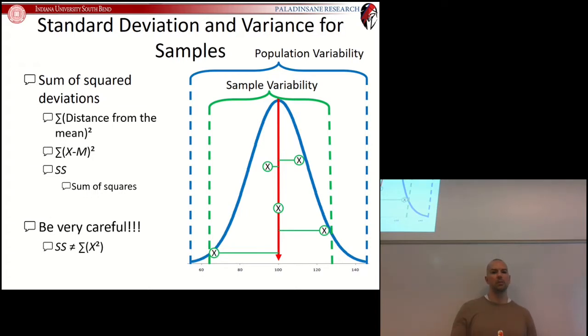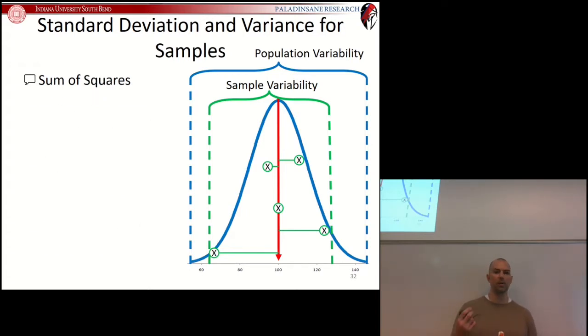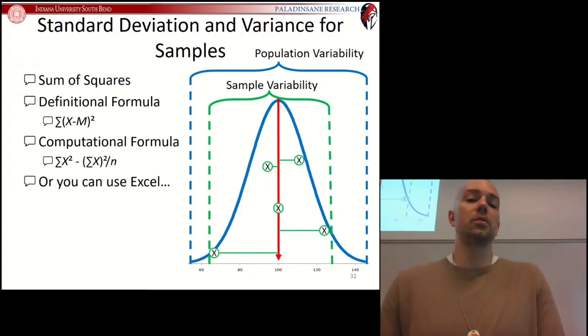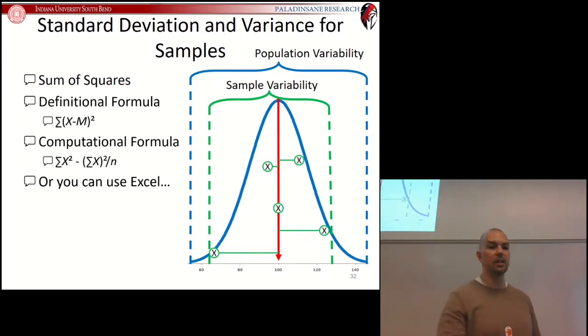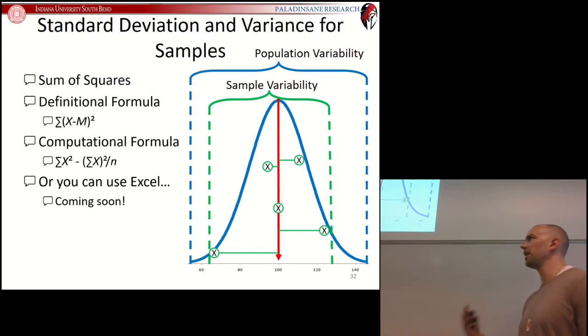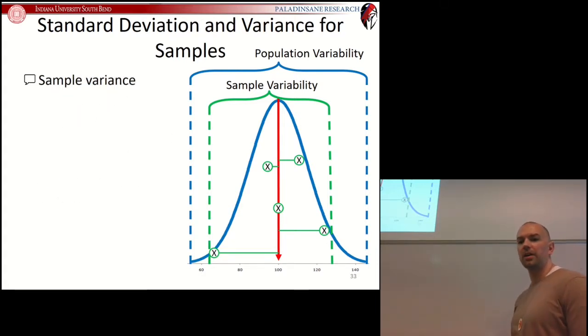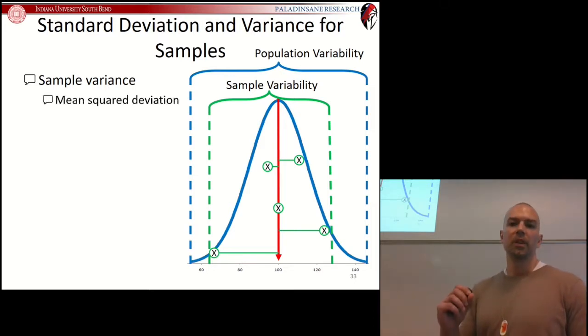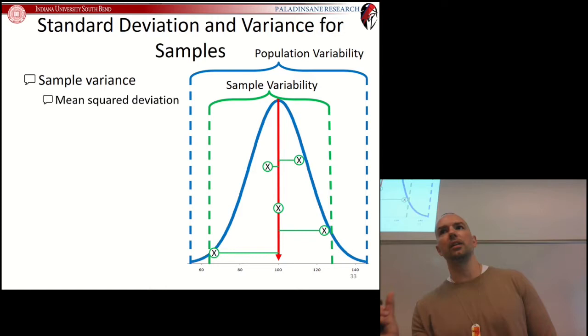So we take that sum of squares, and much like in the population, there's that definitional formula. Much like for the population, if you're ever stuck on a desert island, there's your computational formula. And even more so than for population, we're going to be using Excel to calculate the sum of squared deviations and variance and standard deviation for samples. However, if we want to calculate sample variance by hand, to see what's going on behind the curtain, we need to correct it a little bit.